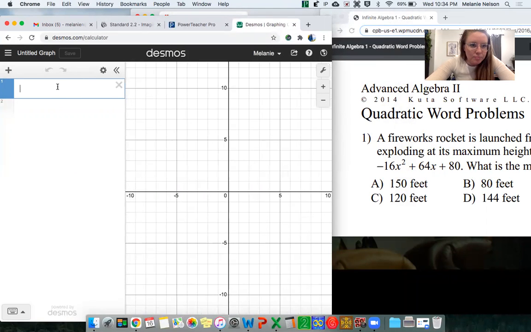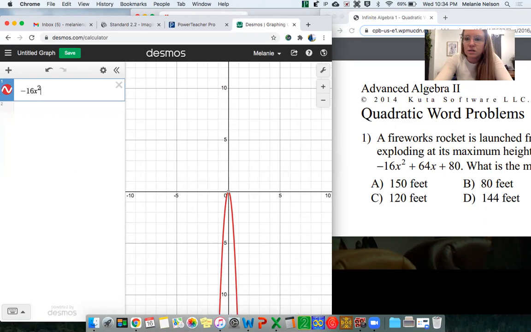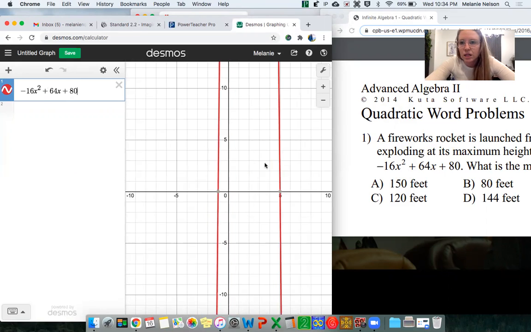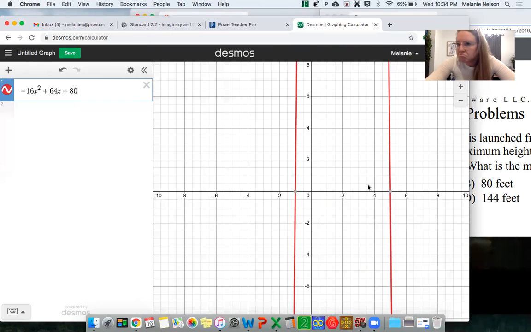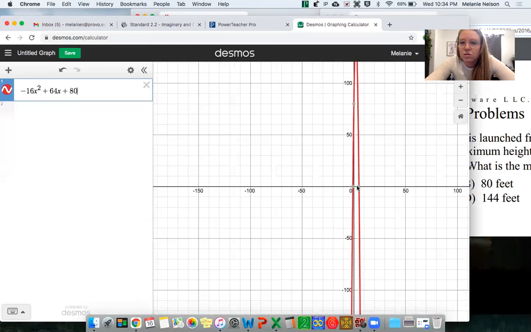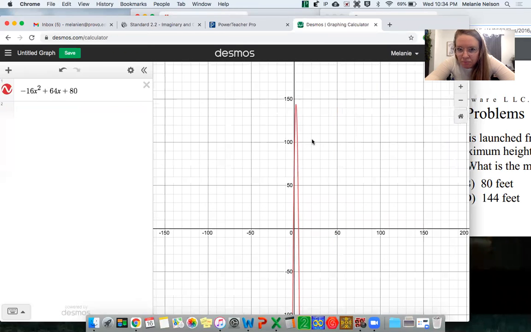My equation, I'm typing that in here, is negative 16x squared plus 64x plus 80. Okay, and I'm looking at my quadratic here. I don't really see a quadratic, but if I zoom out, there's my maximum, clear up there. We see that?